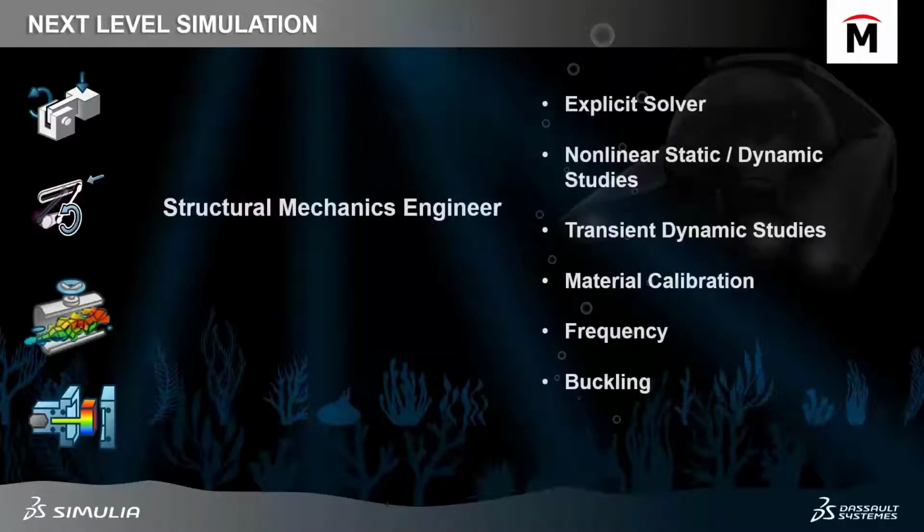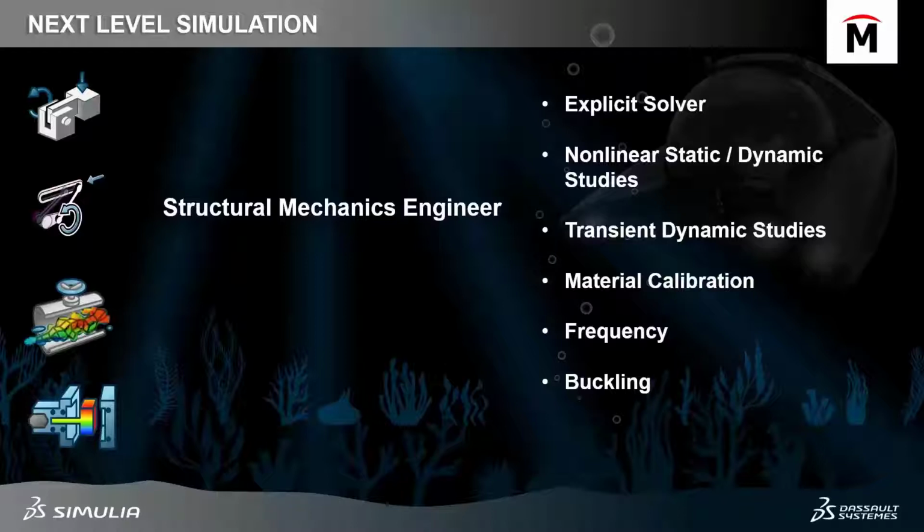Now, to go a little bit beyond that particular role, we have Structural Mechanics Engineer. This actually uses a different type of solver. This is an explicit solver, which is great for any type of high impact or very fast moving dynamic simulation studies. So we can complete nonlinear static and nonlinear dynamic studies and transient dynamic studies.